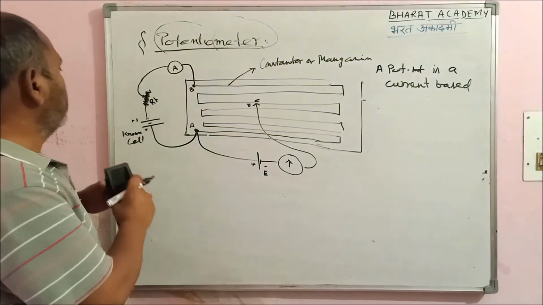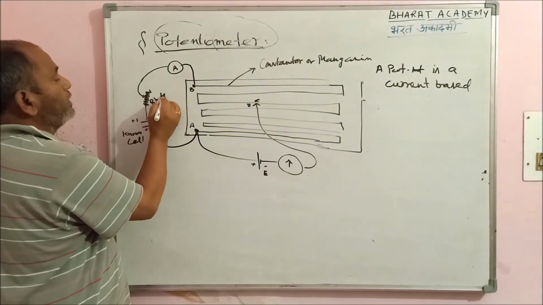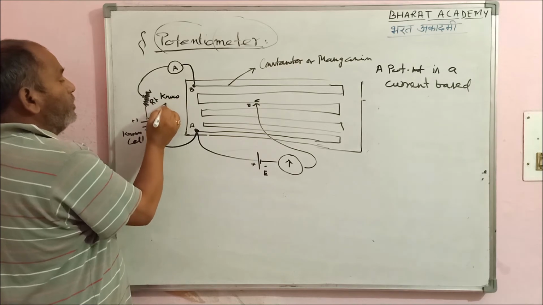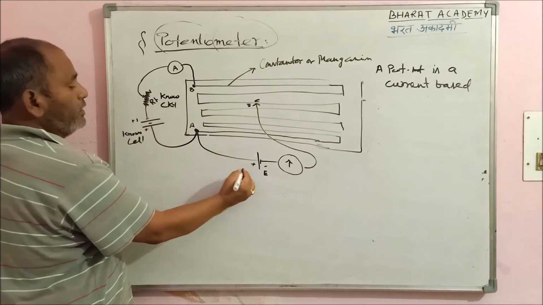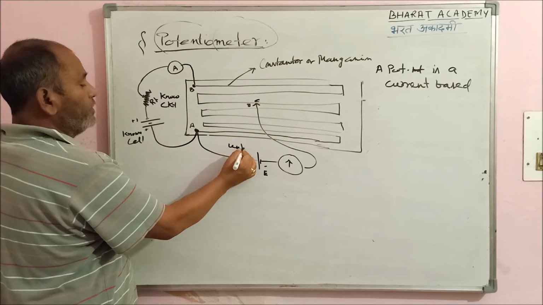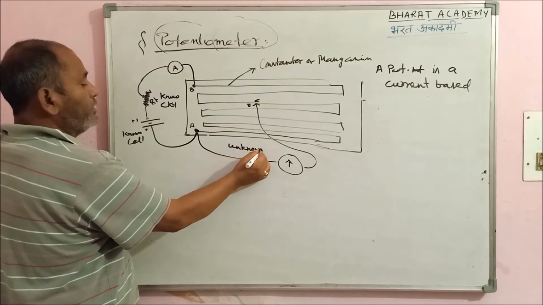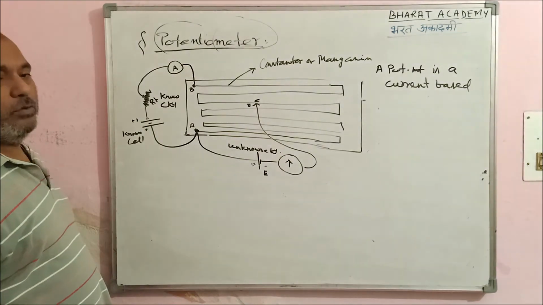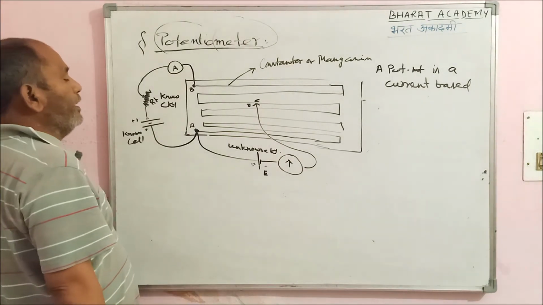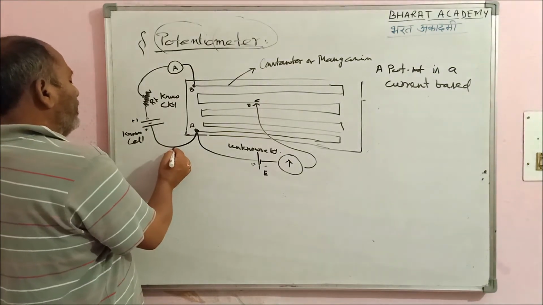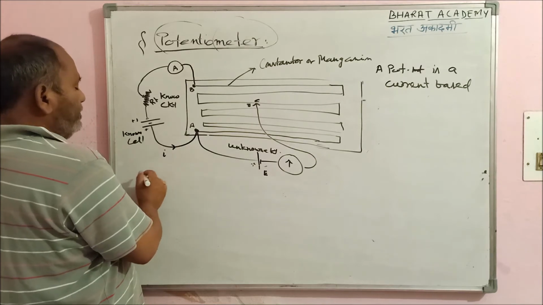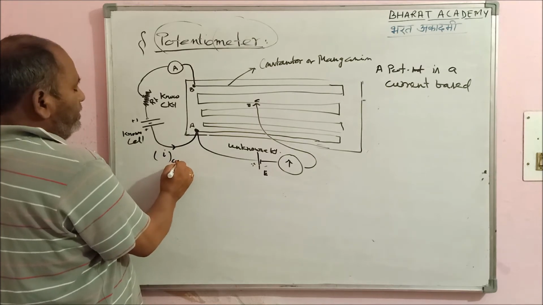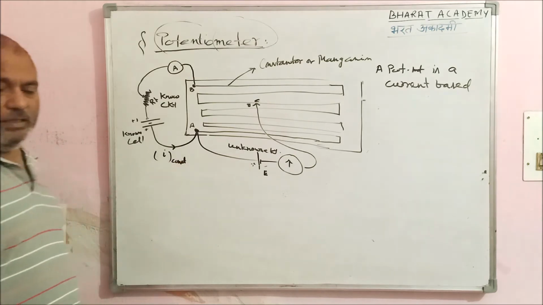This part of the circuit is known as the known circuit, and this is the unknown one which we are trying to calculate. With the help of this known circuit, we supply a constant small current I in the circuit.